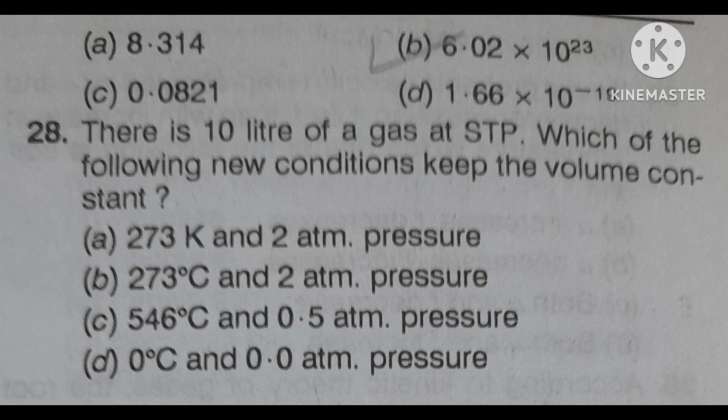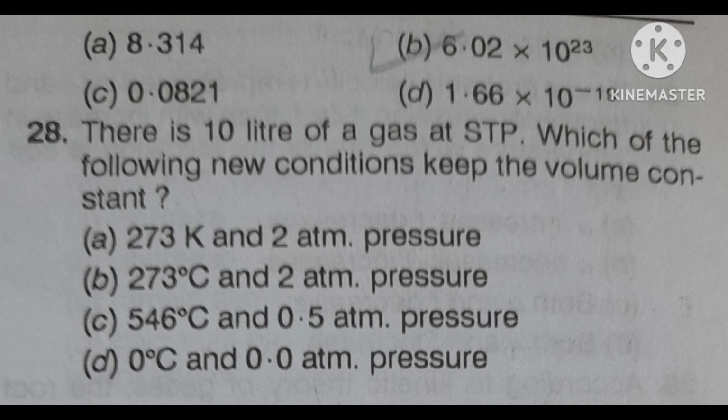Now see condition B: 273 degrees centigrade and 2 atmospheric pressure. Temperature is 273, correct, and pressure is 2. Then you put this value in the formula. P1 upon T1 is 1 upon 273, pressure 1 and temperature 273.